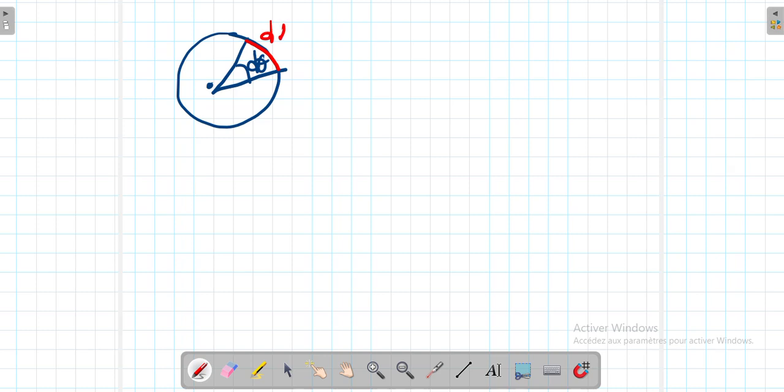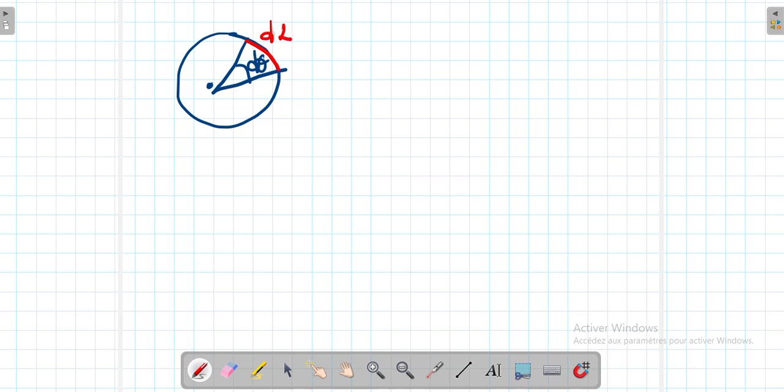So there are two things. We have a plane angle, which we all know here. Maybe I'll say elementary angle. The d theta is just there to depict that this angle is very small, so we call it elementary angle. The elementary angle will subtend an elementary arc length, which I'm going to call dl.